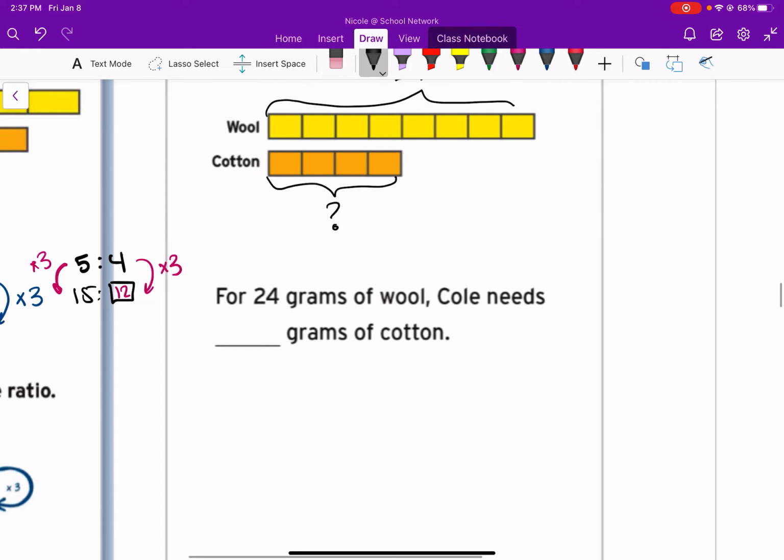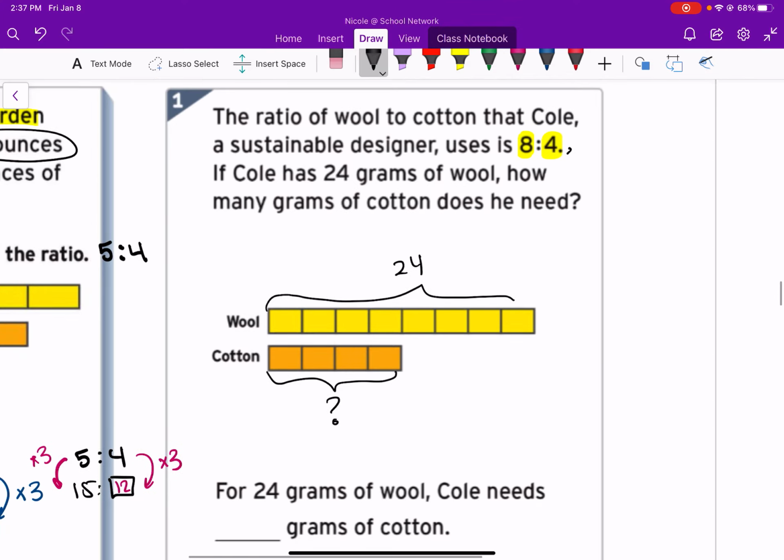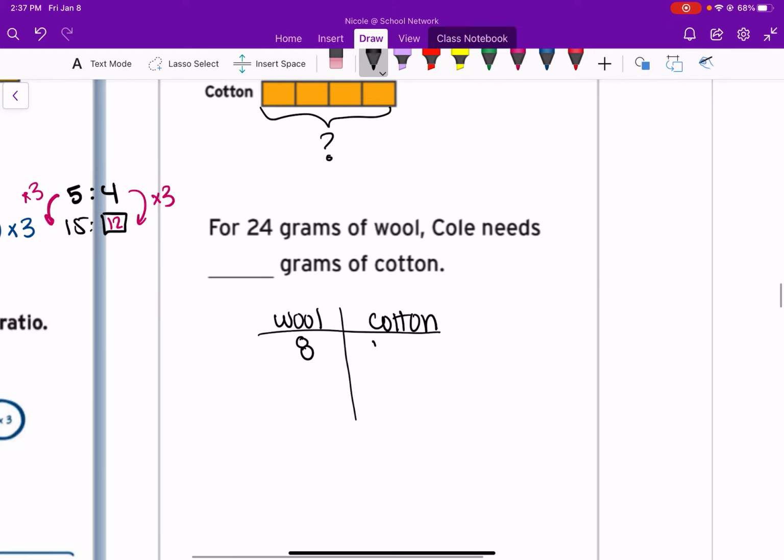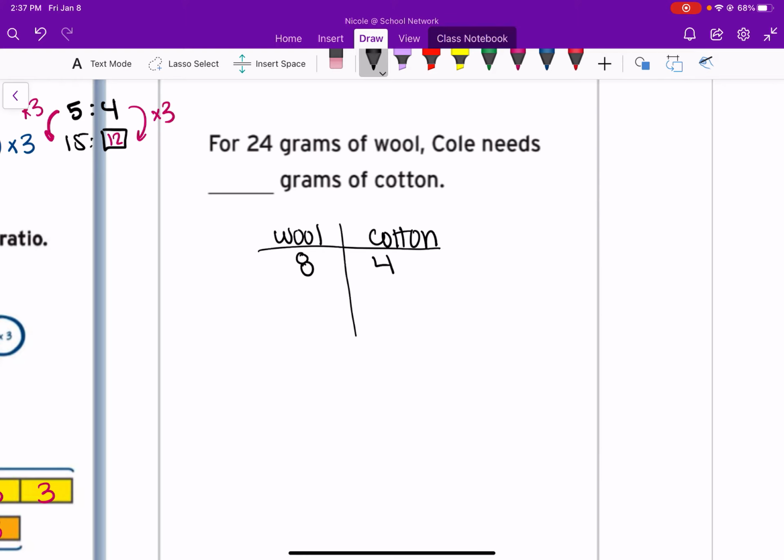So let's go ahead and make our table. Wool to cotton. So 8 to 4. So first we start off with our given ratio, 8 to 4. And we fill in what we know. So we're given 24 grams of wool.